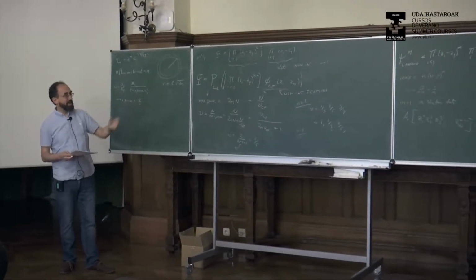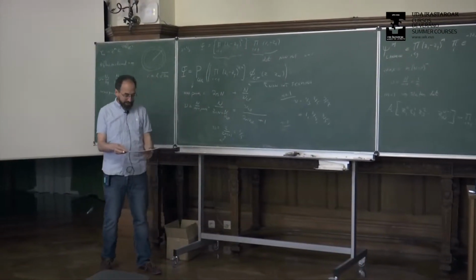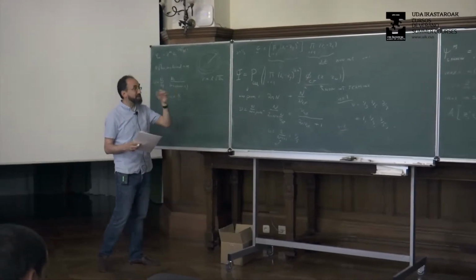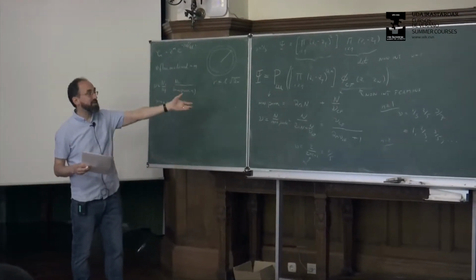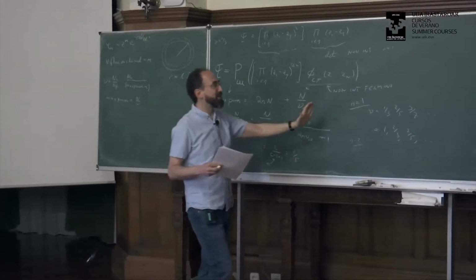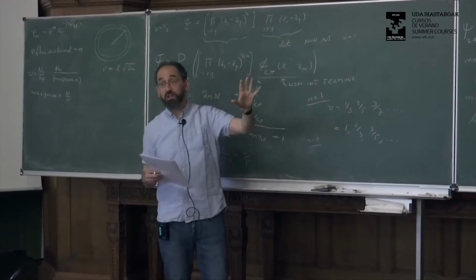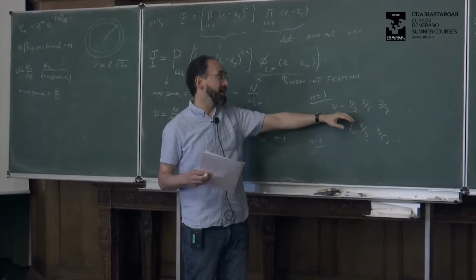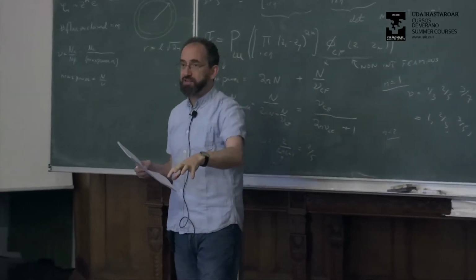So anyway, this makes some connection between integer and fractional quantum Hall effect. I should have mentioned that there's another way to describe this series of fractions, which was the original way of describing it. You start with a simple Laughlin state, which we know how to describe. Then you add some electrons to it.